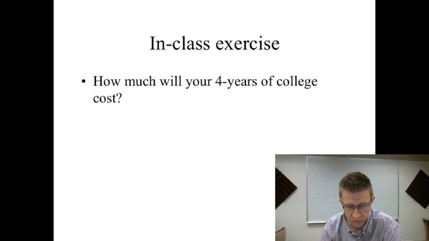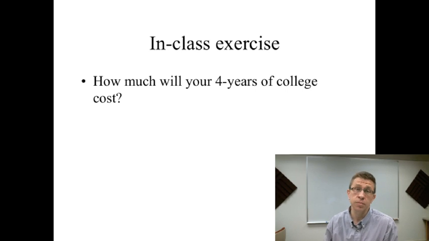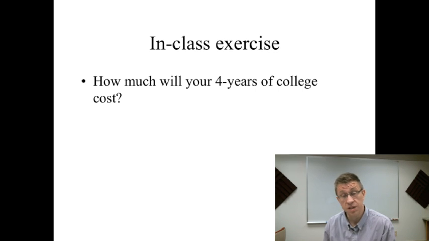Therefore, these should be included. Note these can differ across students, right? Depending how much you have to spend on books, depending how much you're paying. Different people have different levels of scholarships. So your 4 years of college could cost different amounts depending on who you are.